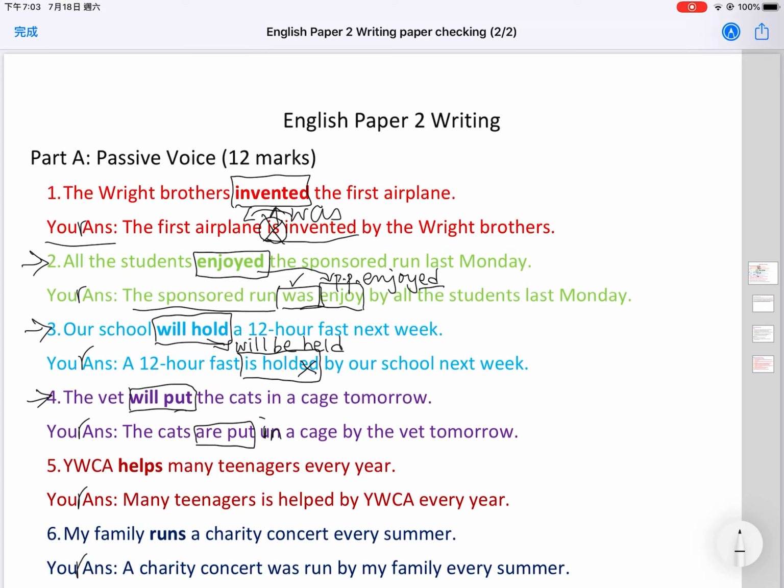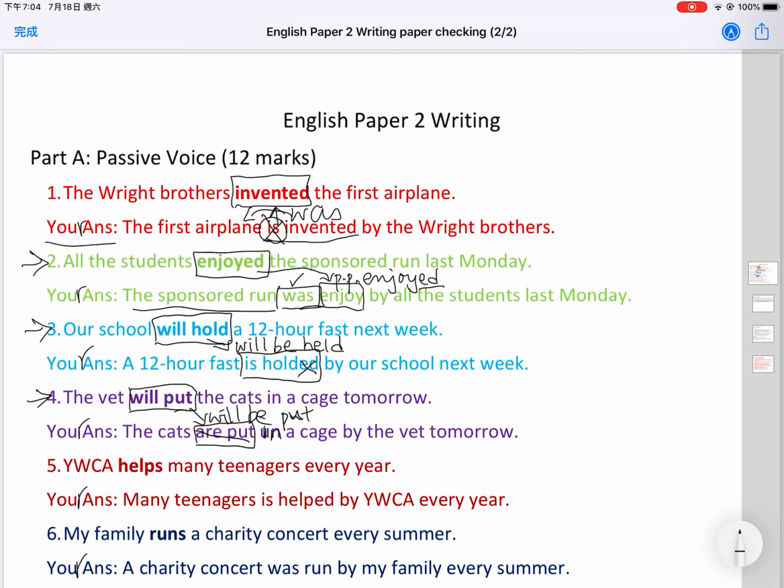Now again, it's the same case. You change the tense. You don't follow the original tense of the sentence, and this is not okay. So the cat will be put. No change for the verb put.